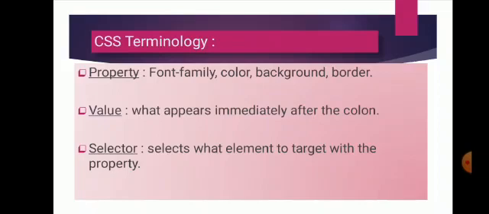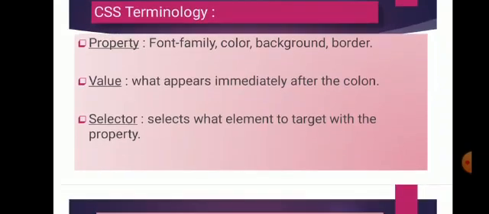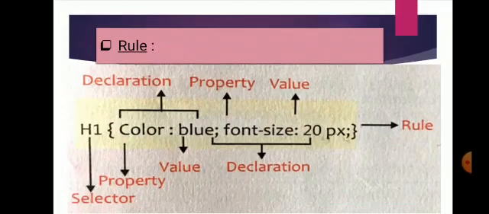Next is about selector. Selector is the part of CSS that selects which element to target the property. For example, if you want to change the behavior of HR, that is horizontal width, then we will use HR and then select the value of the width. Let me show you. See rules.